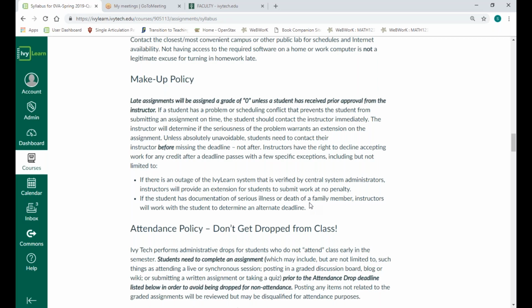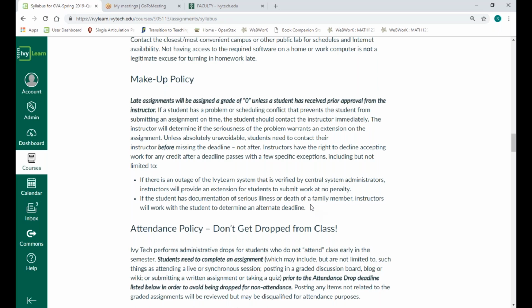Now, if you know ahead of time, because a lot of times in the spring semester, a lot of people who attend this session are parents, and you might have children on a spring break that's not the same as ours, and you might be going out of town or whatever. Let me know ahead of time. We could work around that. Definitely we can figure that out. And remember, you can always work ahead on your homework assignments. So I'm happy to work ahead or work things out if you let me know ahead of time.